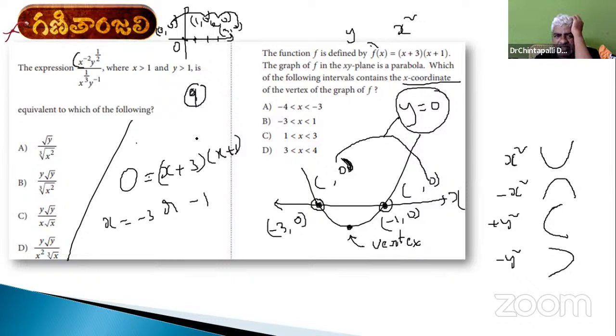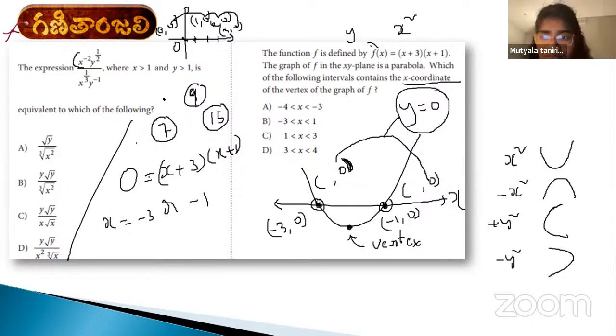After doing some calculations we got the answer, 7 comma 15. So 9 must be in the interval 7 to 15.